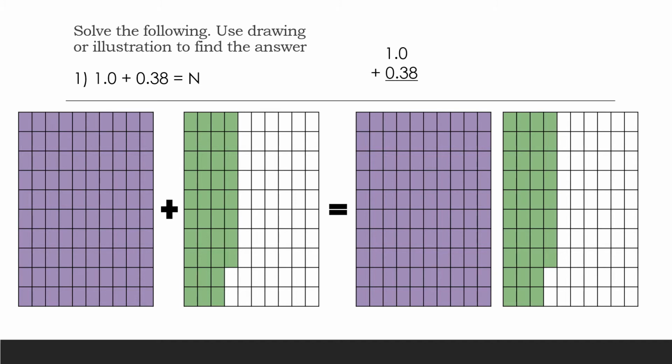I-align natin siya ng patayo dahil mahirap mag-solve ng pahiga. So, align vertically following the decimal point. Then add like whole numbers. We have 0 plus 8 is 8, 0 plus 3 is 3. Then the decimal point, i-align lang natin doon sa ating mga decimals. Then 1 plus 0 is 1. So the answer is 1 and 38 hundredths.